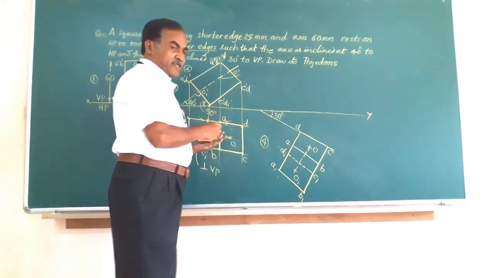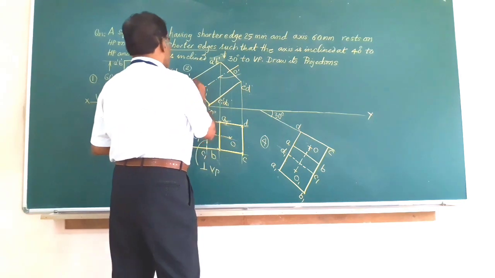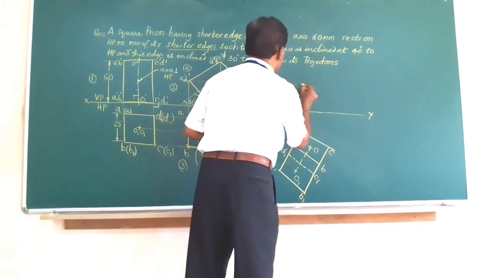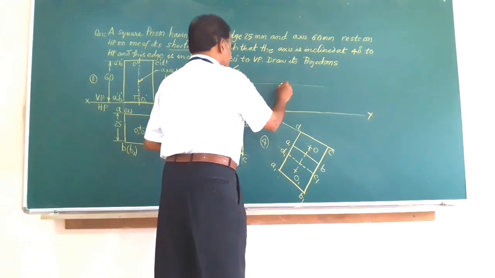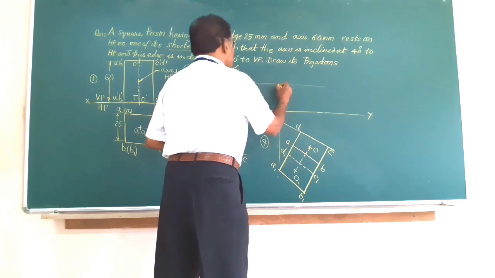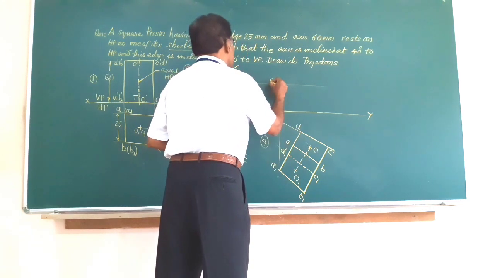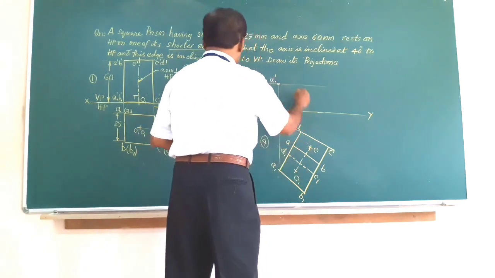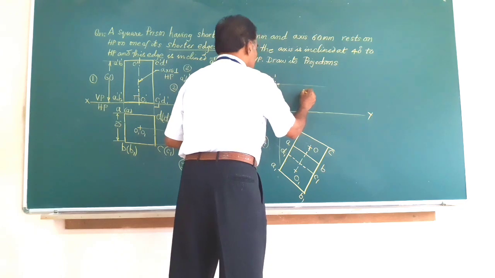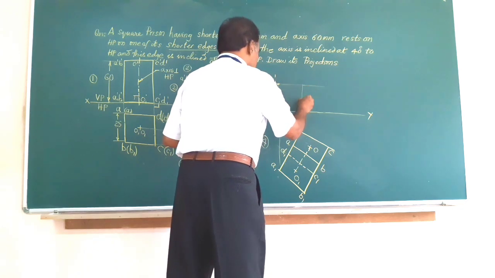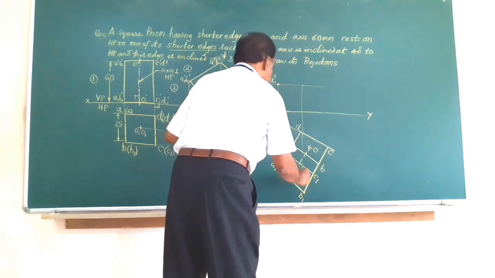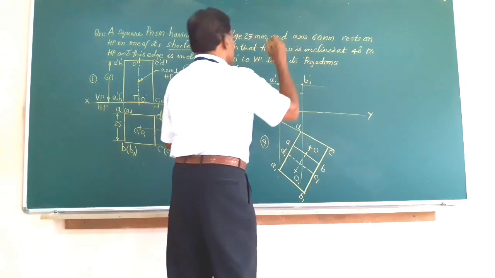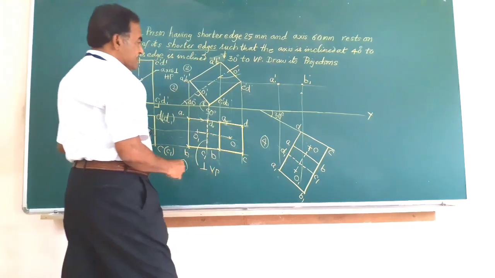So I will have to produce lines from here. I will start from the point A. So point A, horizontal from point A, vertical from point A1. This point is our A1 dash. Like B, vertical from B, horizontal from B, you will get the point here. This point is B1 dash. Then comes the point C1 dash.